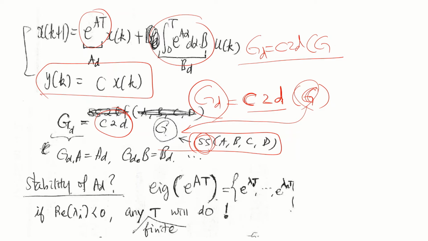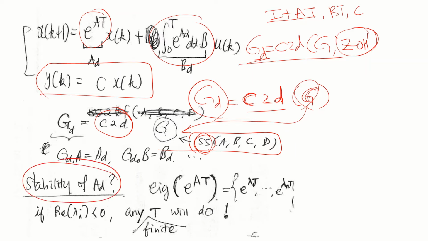So here is zero order hold. If you use this option, then the GD becomes I + AT and BT, C, etc. So there are many options you can choose, but by default, MATLAB will use this exact approximation.